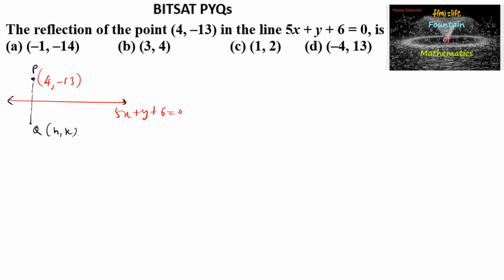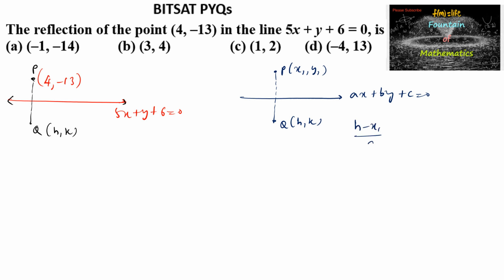So let us recall the concept once. If the point is P(x1, y1) and the line equation is given as ax + by + c = 0, then the image of this point, Q(h, k), is given by (h − x1)/a = (k − y1)/b = −2(ax1 + by1 + c)/(a² + b²).